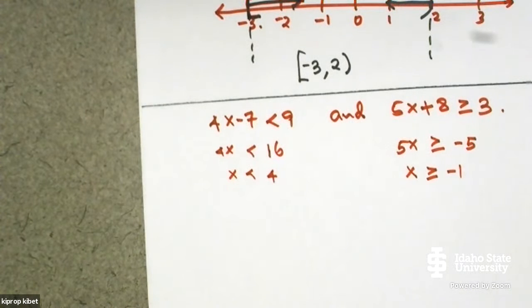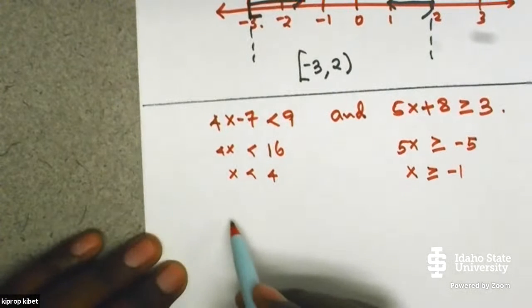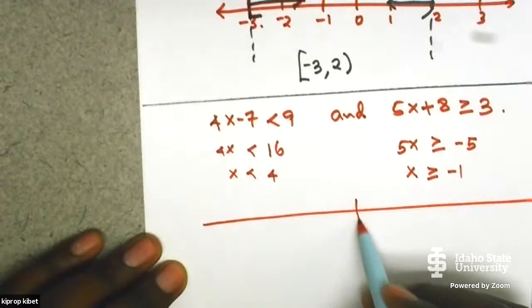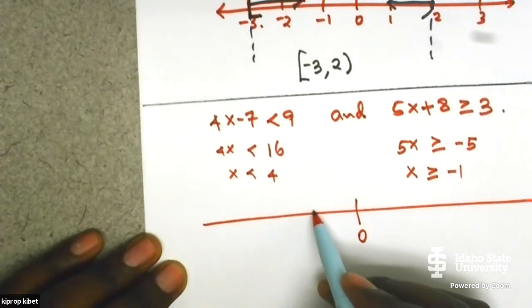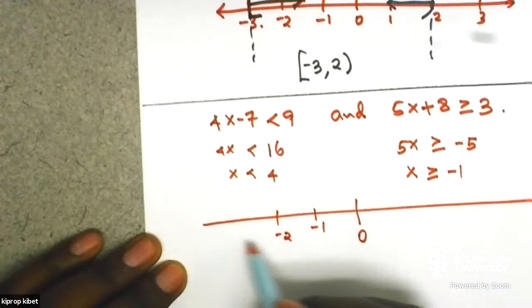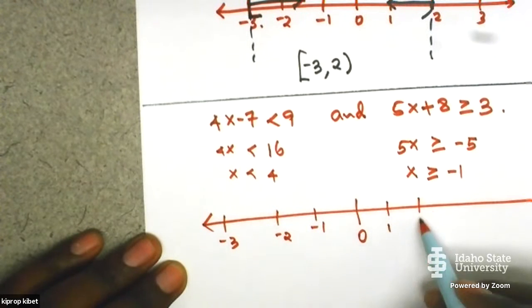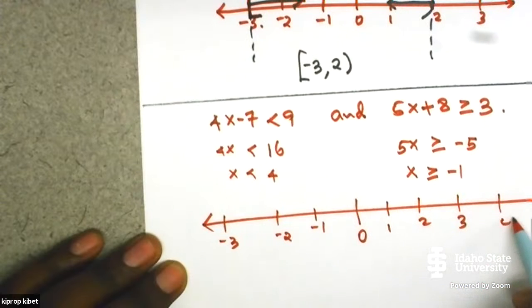Then we can just draw one number line. So 0, -1, -2, -3, 1, 2, 3, 4, 5, maybe.